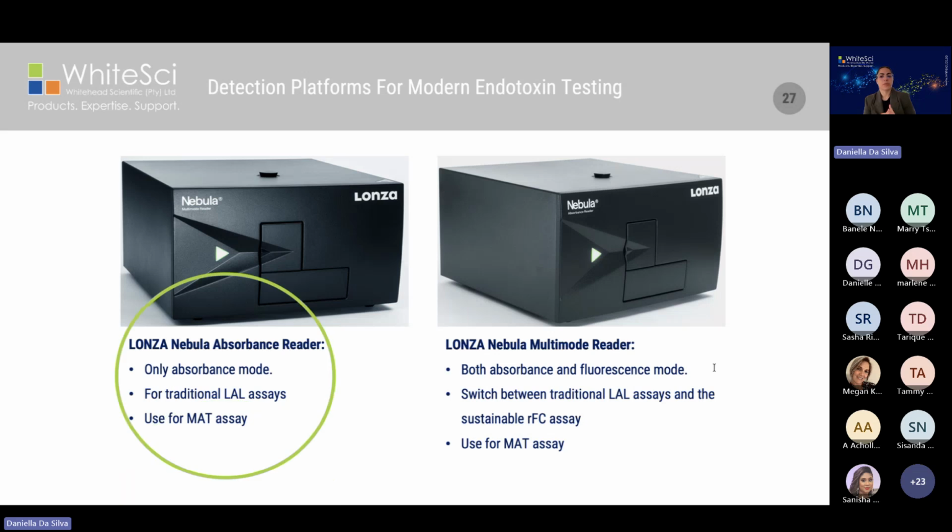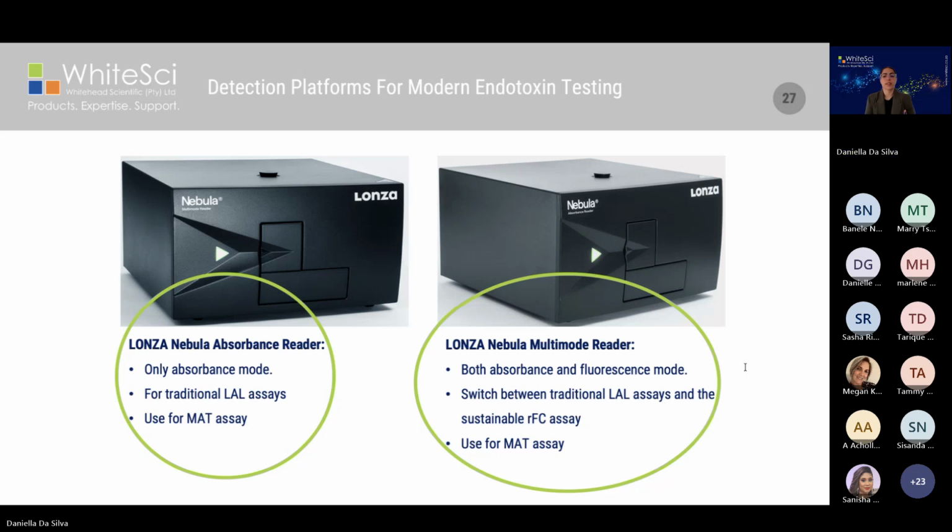The Lonza Nebula Absorbance Reader supports traditional LAL methodologies, including your kinetic chromogenic and your kinetic turbidimetric assays, making it well suited to laboratories focused on conventional endotoxin testing workflows. For laboratories looking to incorporate both traditional LAL assays and recombinant factor C methodologies, you would require the Lonza Nebula multimode reader. This provides both absorbance and fluorescence detection capabilities within one platform.